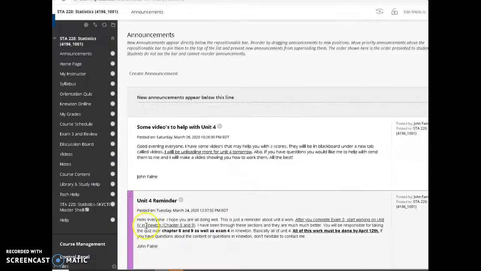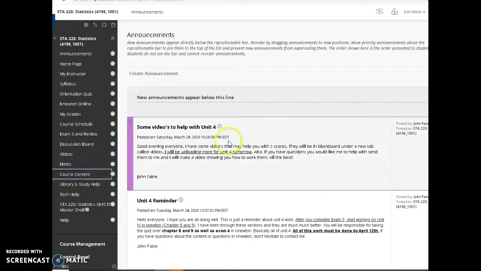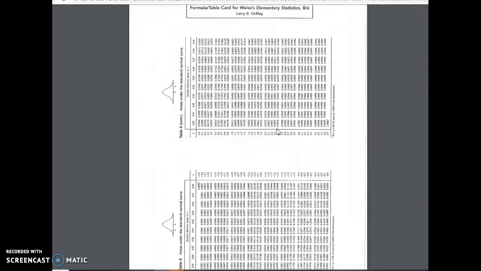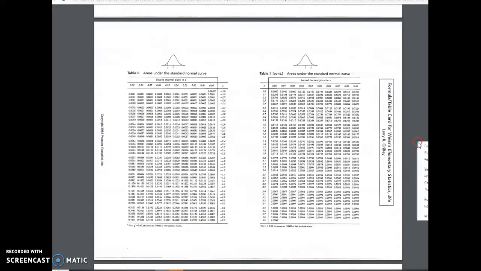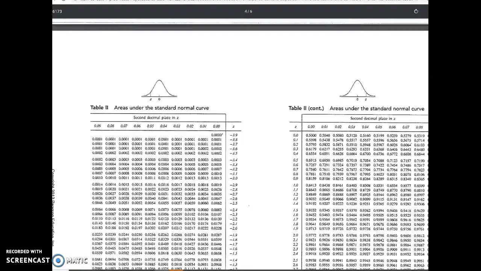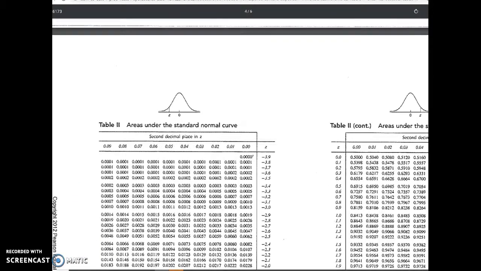So I'm going to go to our Blackboard shell under course content, pull up our formulas table, and scroll down to where the z-tables are. Let's zoom in here a little bit.